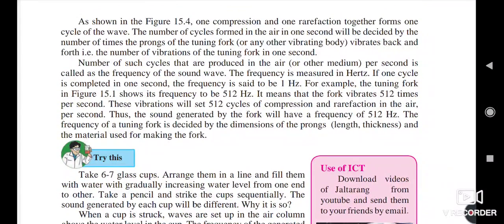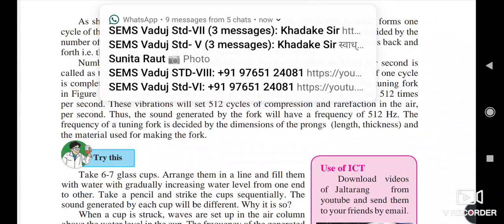The number of such cycles that are produced in the air per second is called frequency. So students, here we get the definition of frequency of sound waves: the number of such cycles that are produced in the air per second is called frequency.